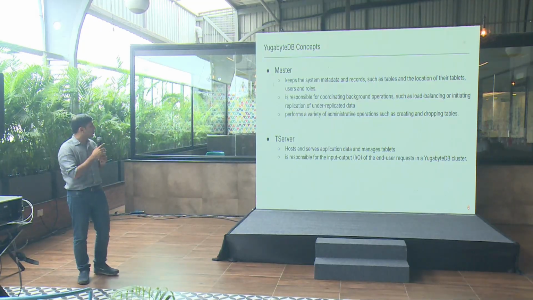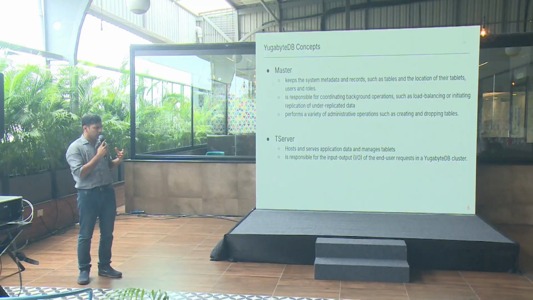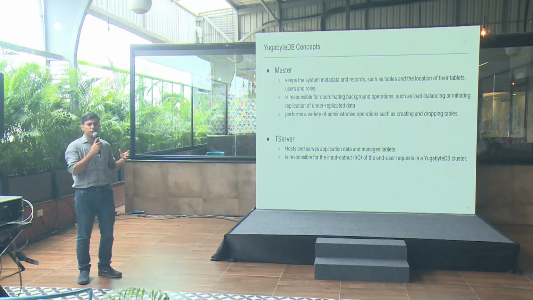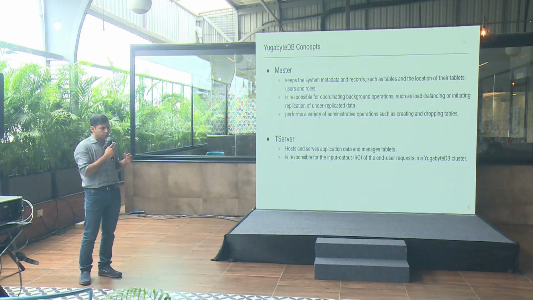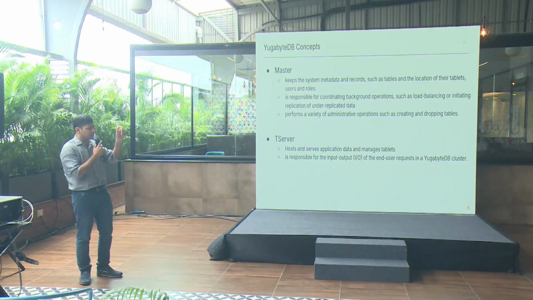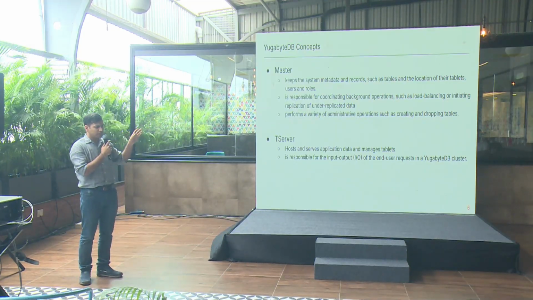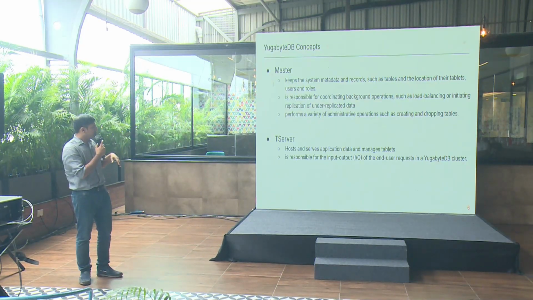I'll quickly talk about a few concepts specific to YugabyteDB. In a YugabyteDB cluster, you generally have two processes, master and T-server. Master handles system metadata and keeps track of all the records and tablets. Tablets are just partitions, the shards of the table data.